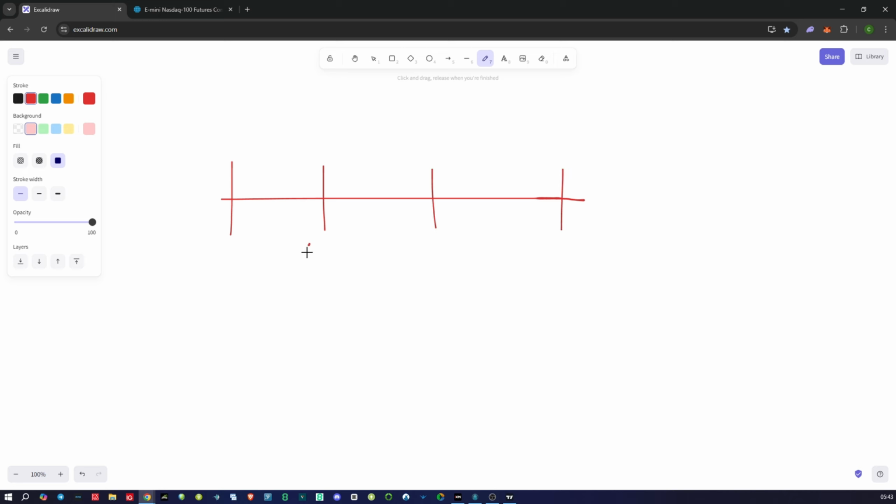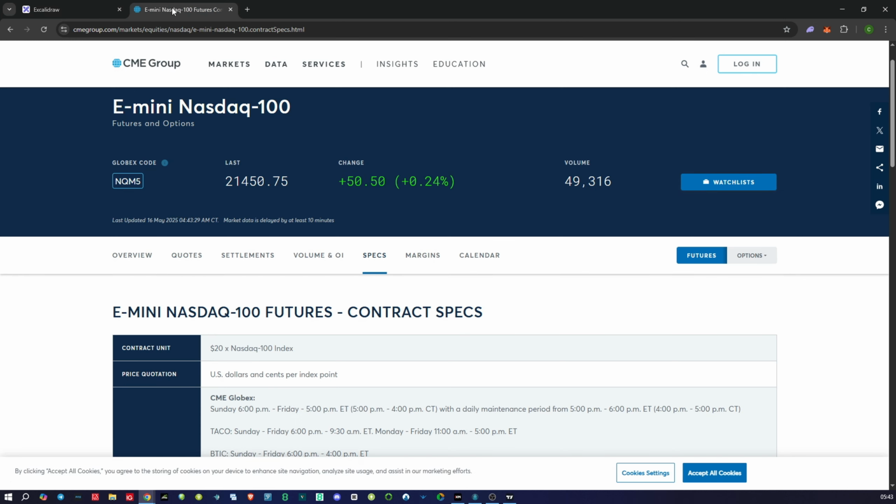This is the March, June, September, and this would obviously be the December contract. So you get different codes. Currently we are in the NQM5, so that indicates the June contract.